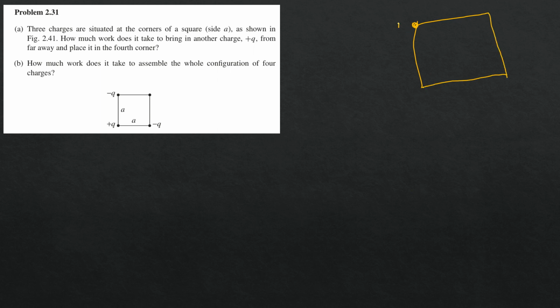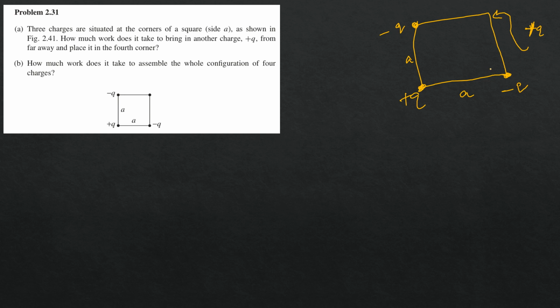Three charges are already there, minus q, plus q, minus q, a. So how much work does it take to bring in another charge plus q from far away and place it in the fourth corner?